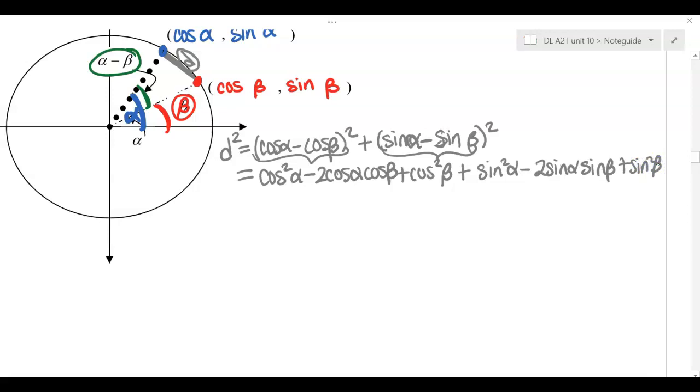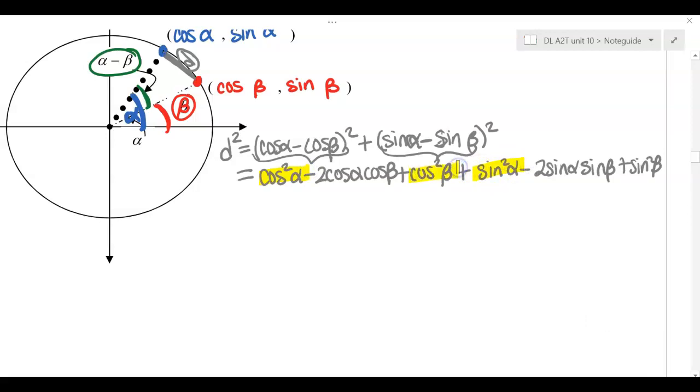And notice that I have these middle terms and these sine squared and cosine squared terms. But remember our identity: sine squared of an angle plus cosine squared of an angle adds up to 1. So what I'm seeing here is like this plus this. They're both positive, so when added together, those would make 1.